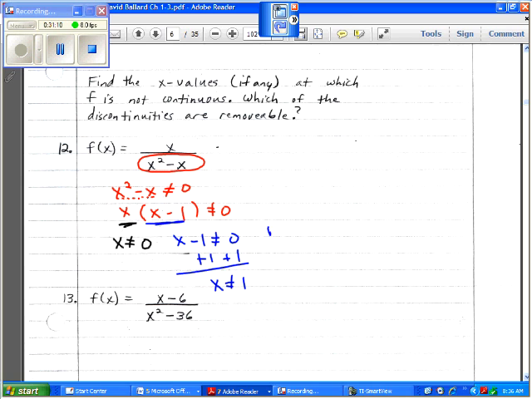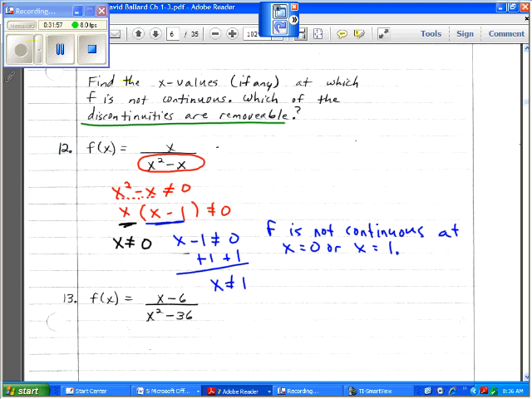So we could say f is not continuous at x equals 0 or x equals 1. Understand that?